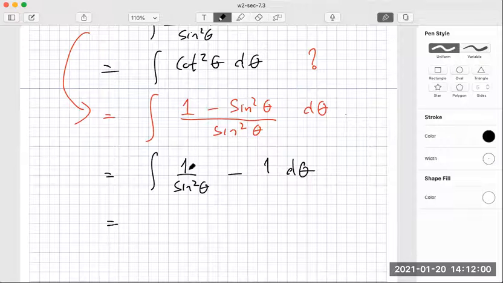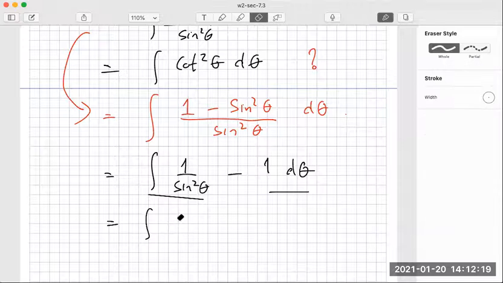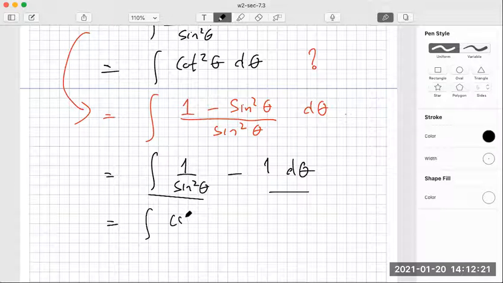And we can also find this integral this way. And the antiderivative of this will be this, right? One over secant square is 1 over sine square, which is nothing else but cosecant square, right?